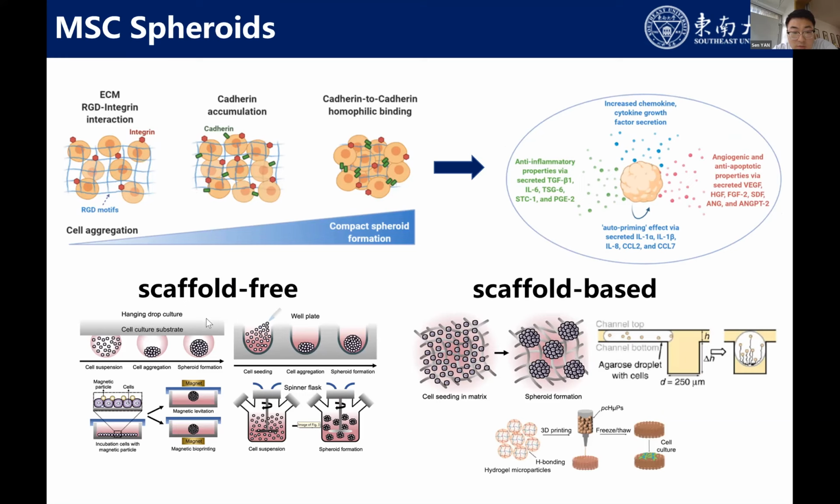Currently, there are 2 main types of cell spheroid preparation methods. The first one is the scaffold-free method. It's based on the suspension of cells. The second one is the scaffold-based method, like hydrogels. Now, this method is the main way to prepare spheroids because it can mimic the microenvironment of the organism.